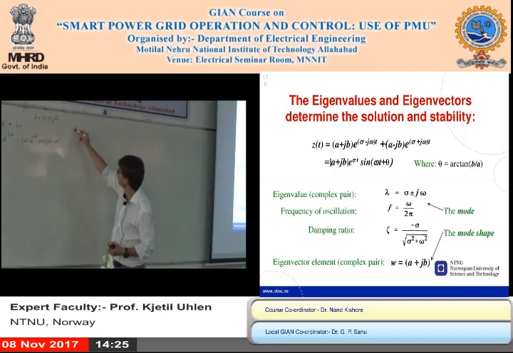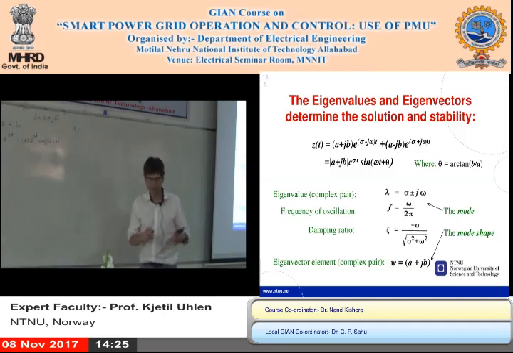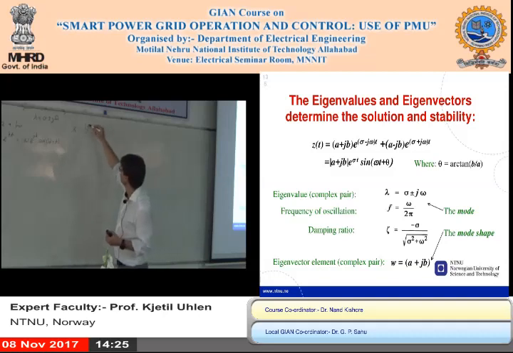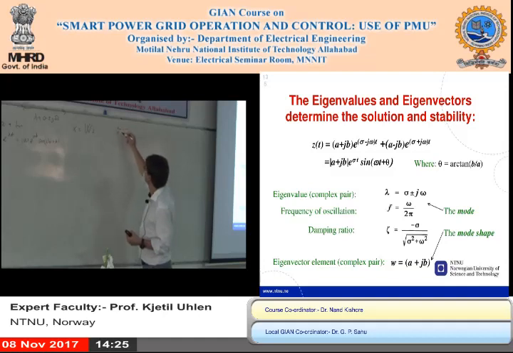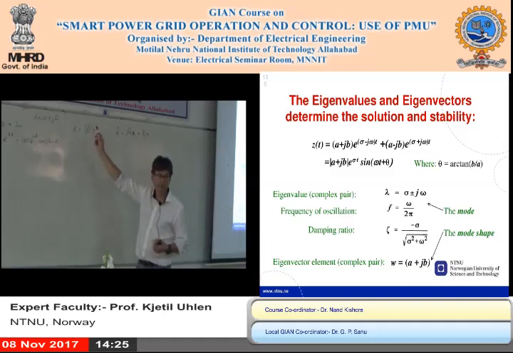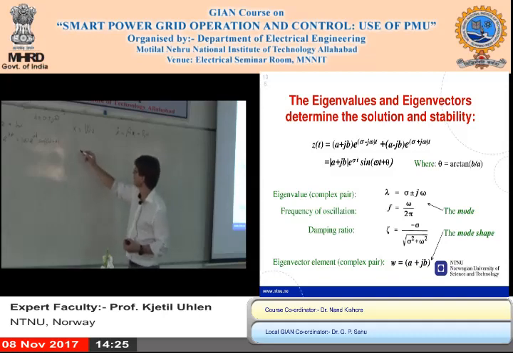But when you have a multi-machine mode, it's very easy to extend this principle to that, because we know that, okay, for the system we did the transformation with the eigenvector, so that essentially the solution x of t is derived from this.